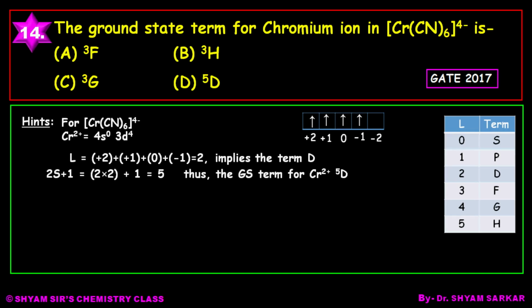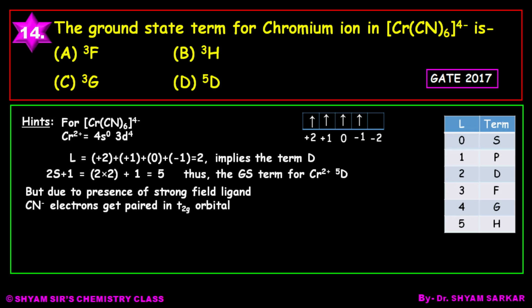So you have to consider the complex. That means you have to consider the ligands attached to the chromium ion. So you have to consider this complex as octahedral complex [Cr(CN)6]4-. Now, 5D is not the right answer. You have to consider the ligand field. With this octahedral ligand field, the presence of CN- makes the electrons pair in the t2g orbital.